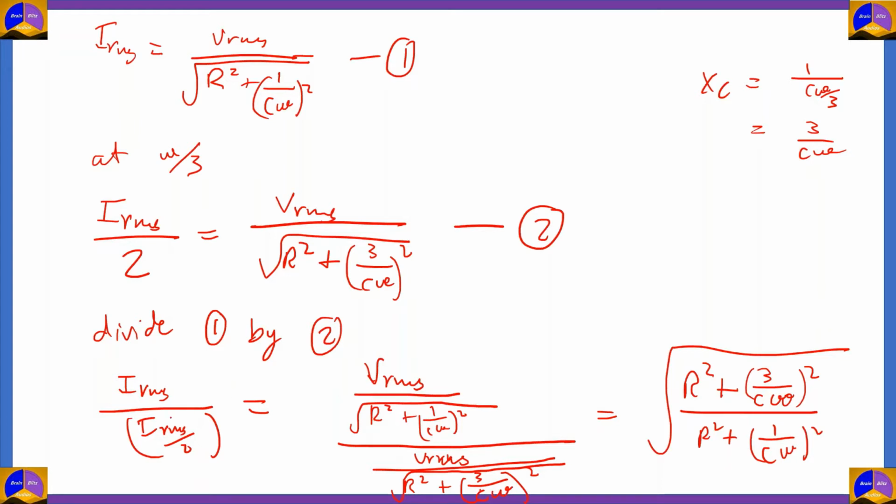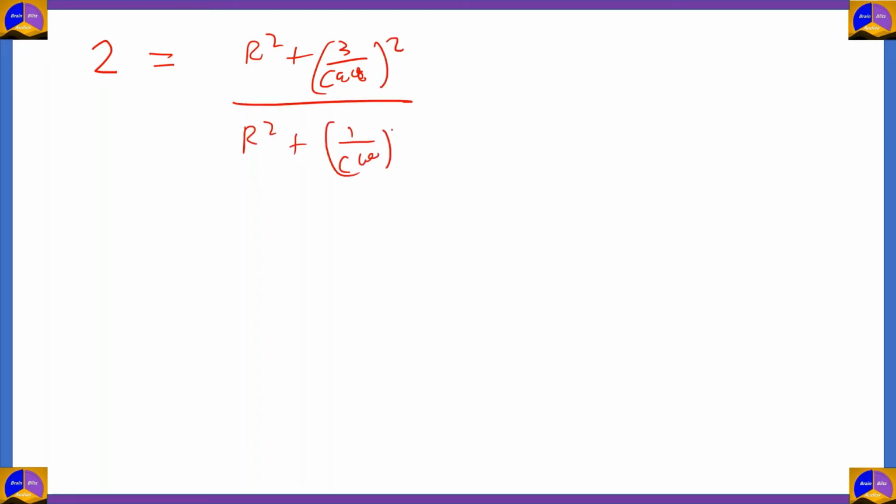So this is the value of IRMS divided by IRMS by 2. The left-hand side will now become 2 because if you cancel IRMS, it will be 1 divided by 1 by 2, which is 2. 2 is equal to R square plus 3 by C omega, the whole square, divided by R square plus 1 by C omega, the whole square, under root.